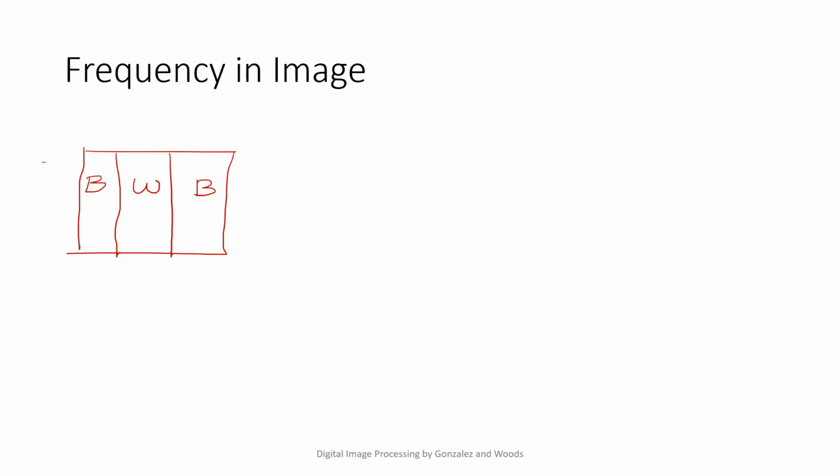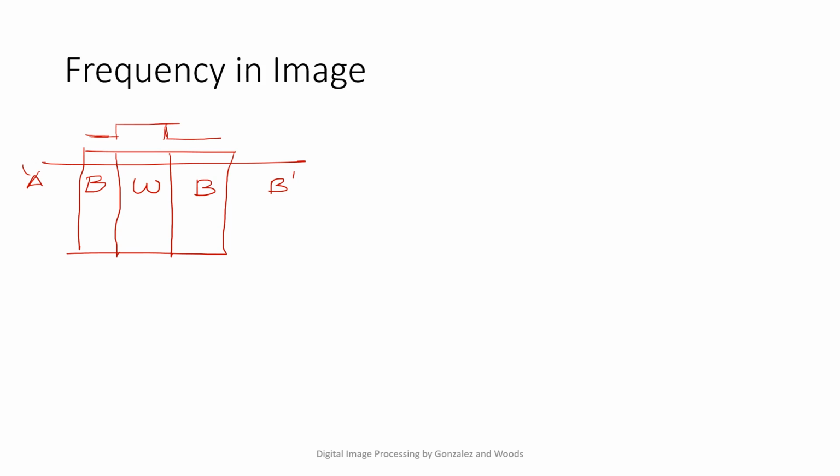If I take one scan line from A dash to B dash, how will you plot the gray level profile? This is 0 because it is black, then white, then black.